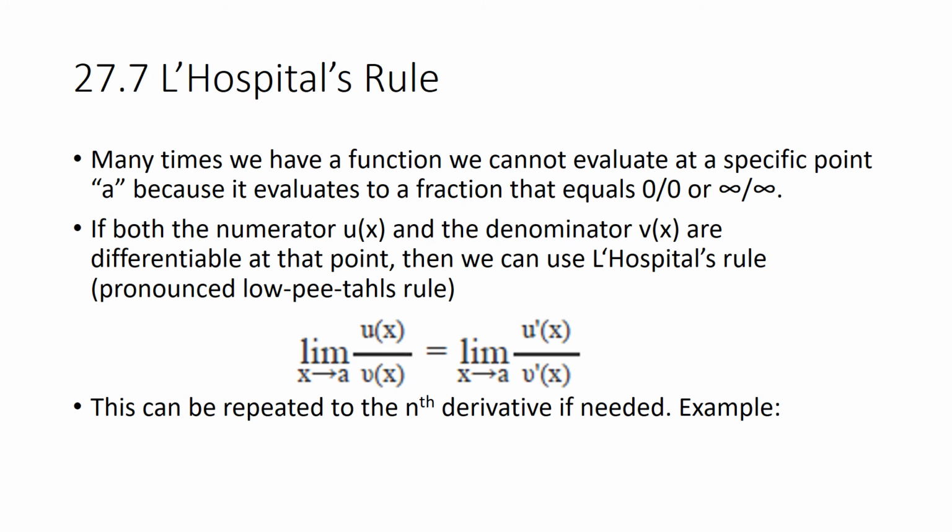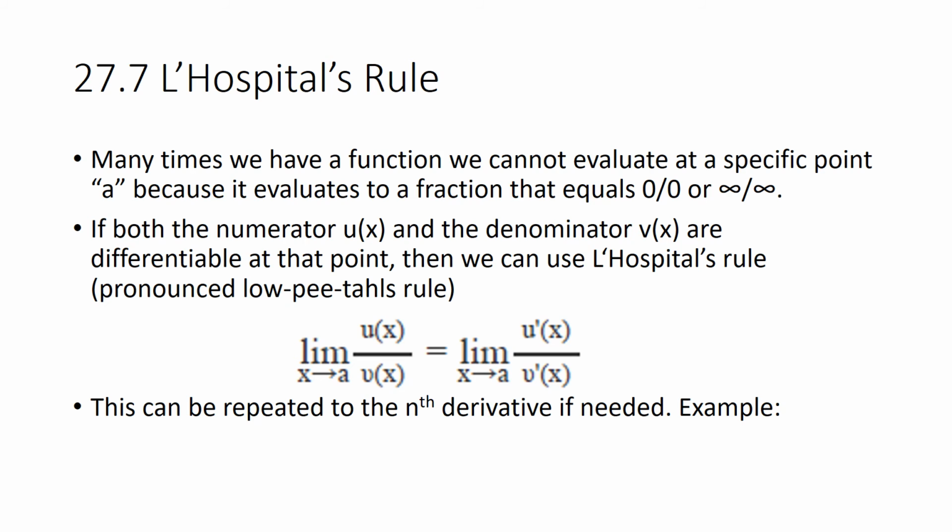One rule that I wanted to point out is L'Hopital's rule. And that's a French fellow who figured out how we can go ahead and find functions that we normally couldn't find the limit of because they either blow up in one direction or another. He found a way that we can figure out those limits.